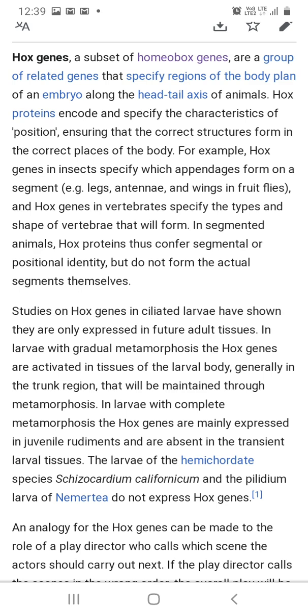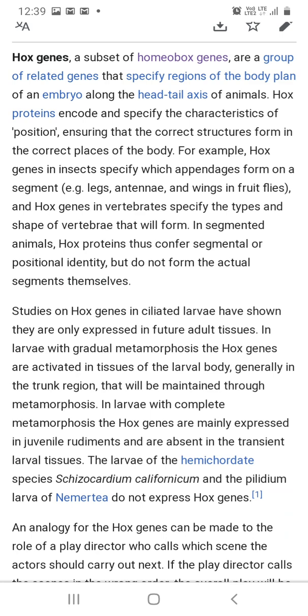The HOX genes in insects specify which appendages form on a segment, for example, leg, antenna, wings in fruit fly. And HOX genes in vertebrates specify the type and shape of vertebrae that will form in segmented animals. The HOX protein thus confers segmental or positional identity.